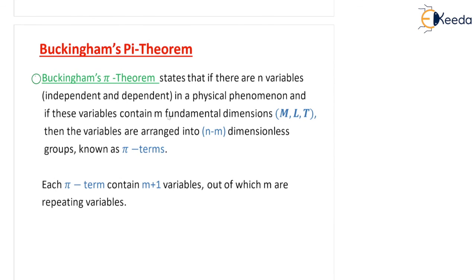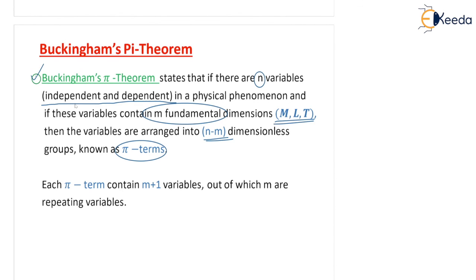Buckingham's pi theorem states that if there are n variables, independent and dependent, very important words, in a physical phenomenon, and if these variables contain m fundamental dimensions, M, L, T, then the variables are arranged into n minus m dimensionless terms or groups, known as pi terms.